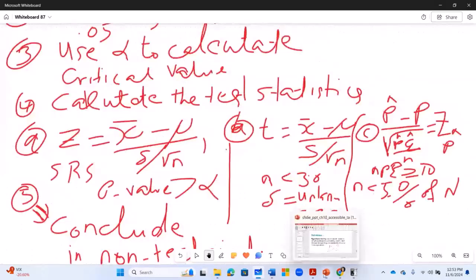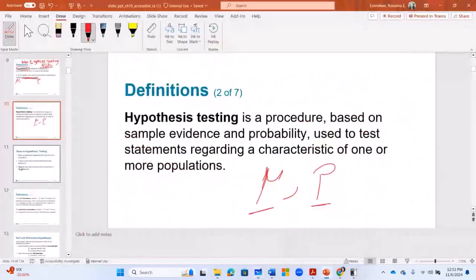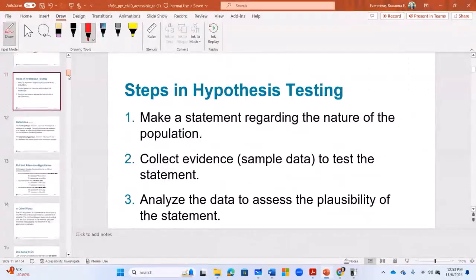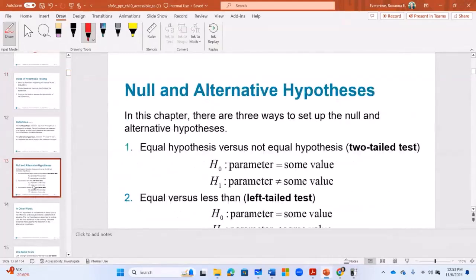Let's go back and look at something more. These are the steps we just talked about, so that you can go back and look at them. If anybody claims that the parameter is not equal to, it's a two-tailed test. You draw a normal curve with two tails.